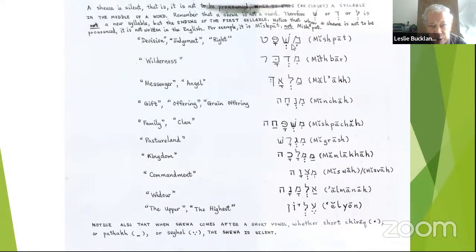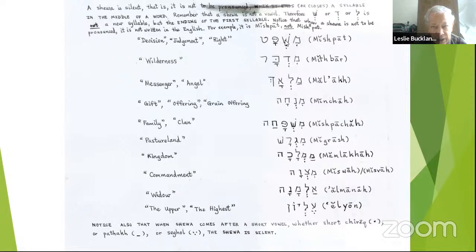And I'm referring to these words here. I'll soon come to them. Notice that when a shiwa is not to be pronounced, it is not written in the English. For example, it is mishpat, not mishipat. Okay, let me just look at these examples. Here you have mishpat.